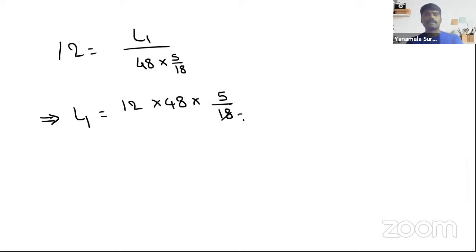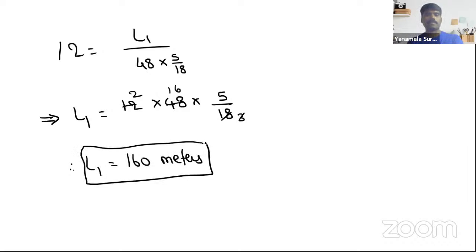Then 6 threes are 18, 6 twos are 12. 16 twos are 32, 32 into 5 is 160. Therefore, L1 equal to 160 meters. Now L2 equal to 300 minus 160, which is equal to 140 meters.